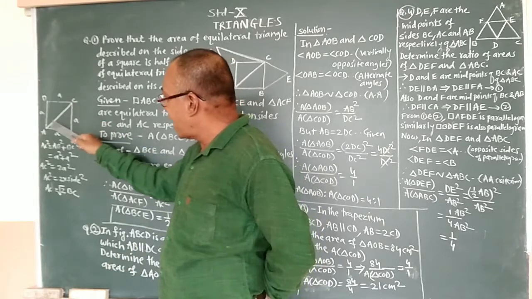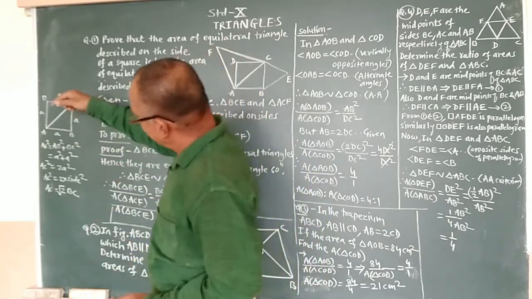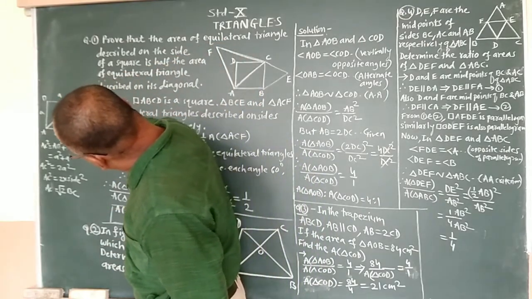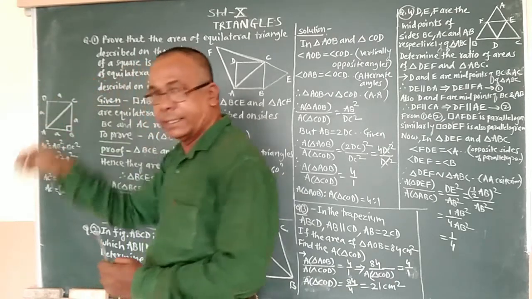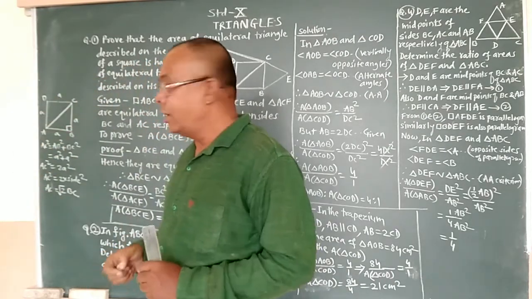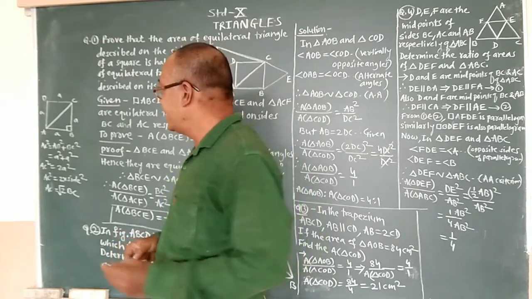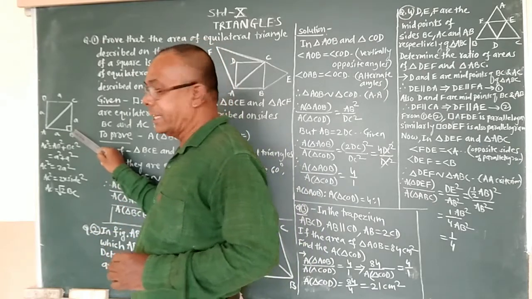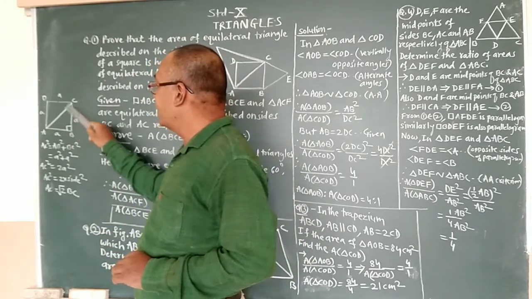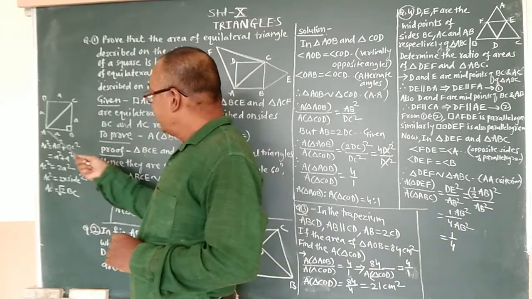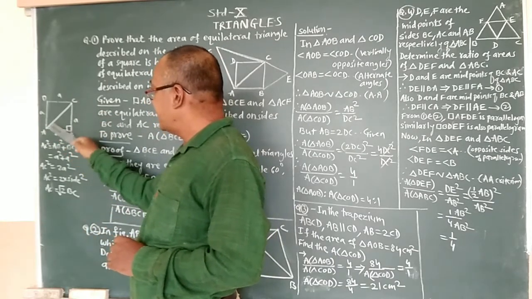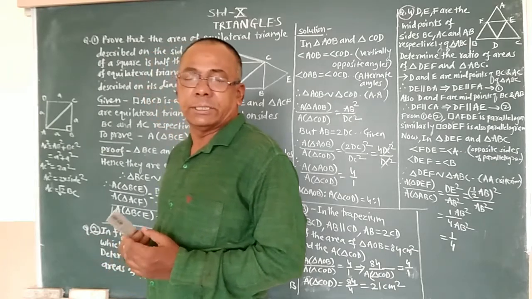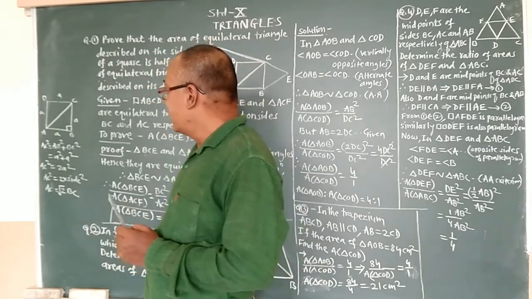Each angle of the square is 90 degrees, and therefore angle B is 90. Due to the diagonal AC, we get ABC as a right angle triangle.